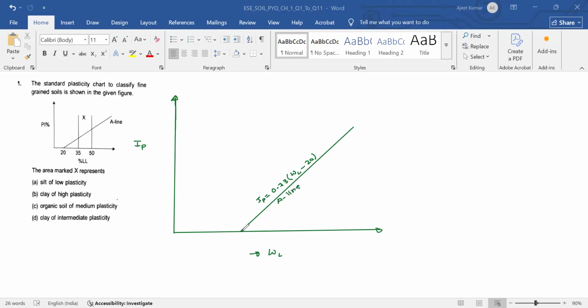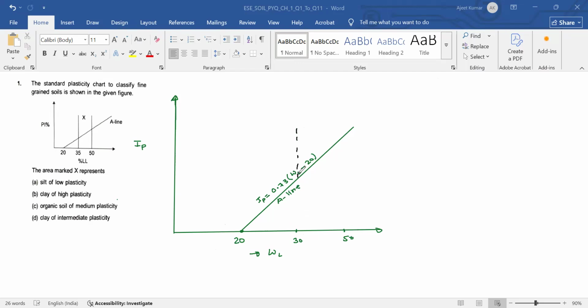And if you put IP equal to 0, then you will have WL equal to 20. So this value is 20. And if we take this as 30 and this as 50, let me draw a line corresponding to 30 and 50.